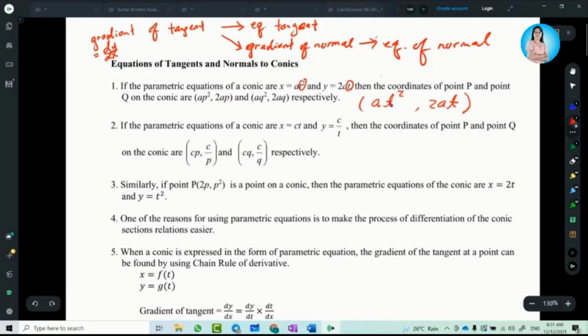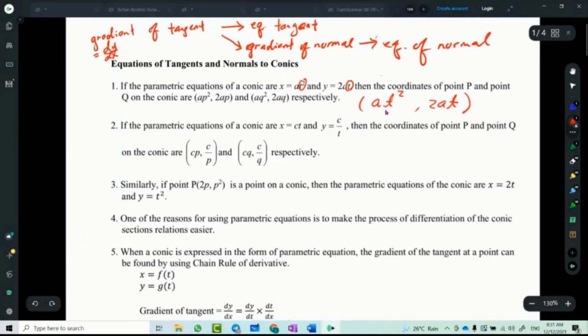Kalau tak ada, kalau dia cuma T saja bermaksud sebarang. Then after that, if you have another special point Q, then dia punya coordinate, the parameter will ikut alphabet point dia. So Q, so T parameter menjadi Q. And so on.